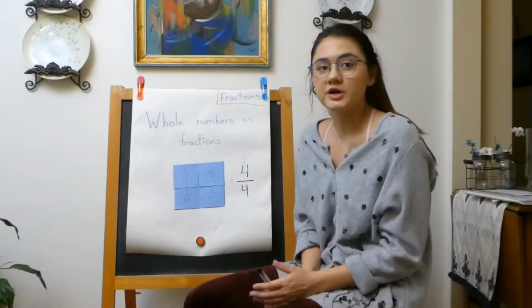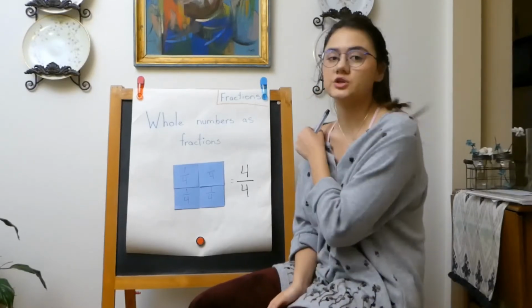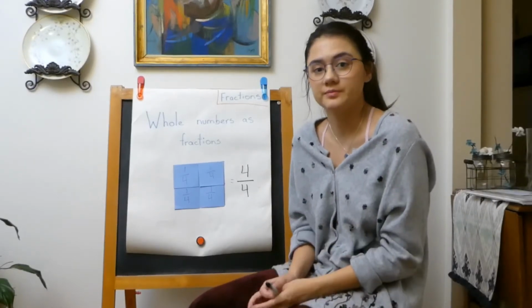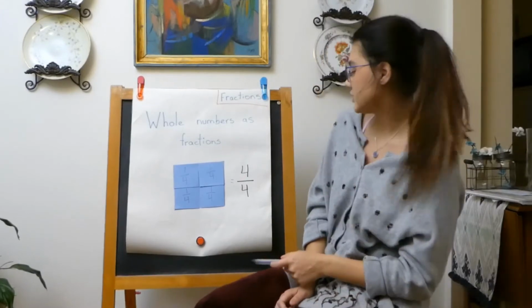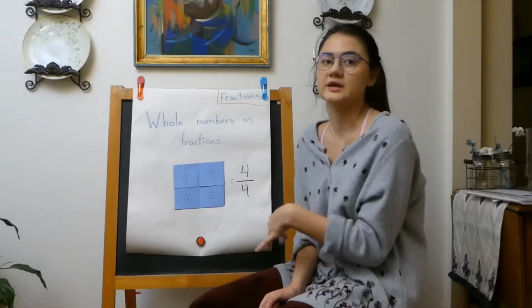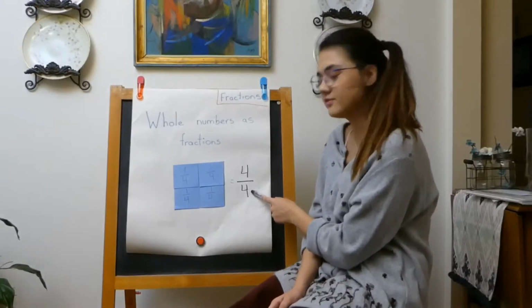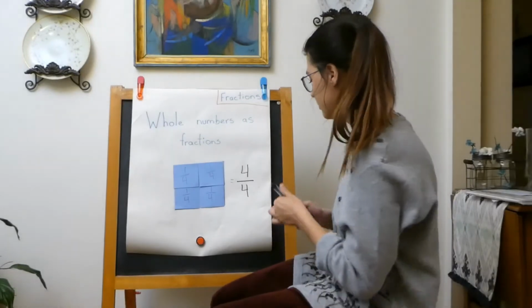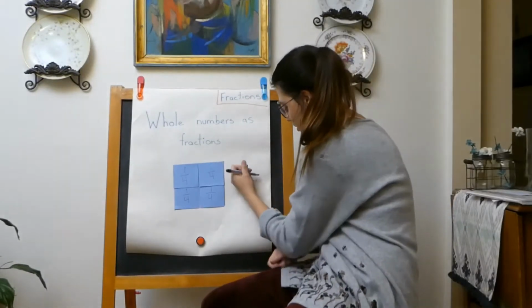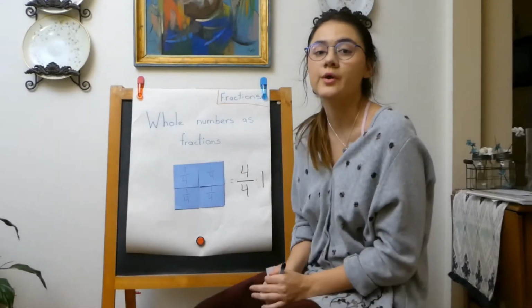So what we talked about in class is that fractions can also be a way to show a division problem. So let's say that we want to find out what it looks like as a whole. So we would divide 4 by 4, and we would get 1. So we have one whole.